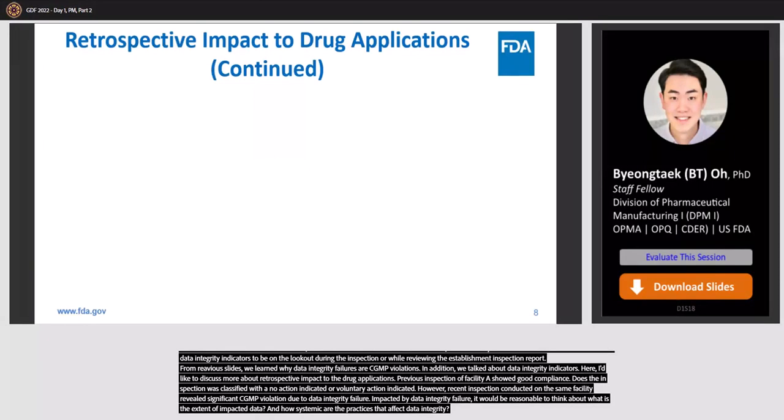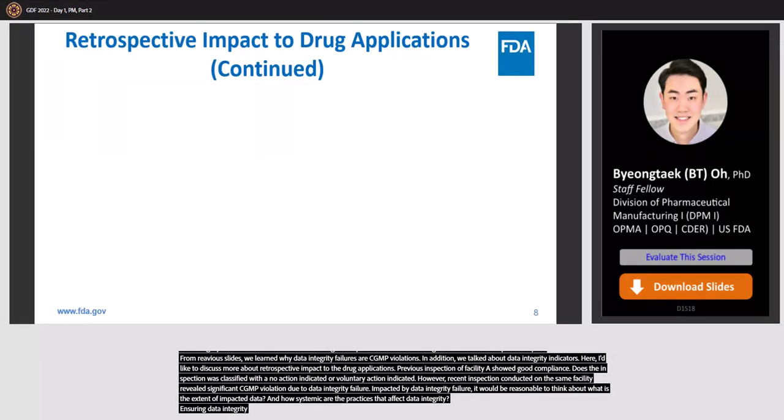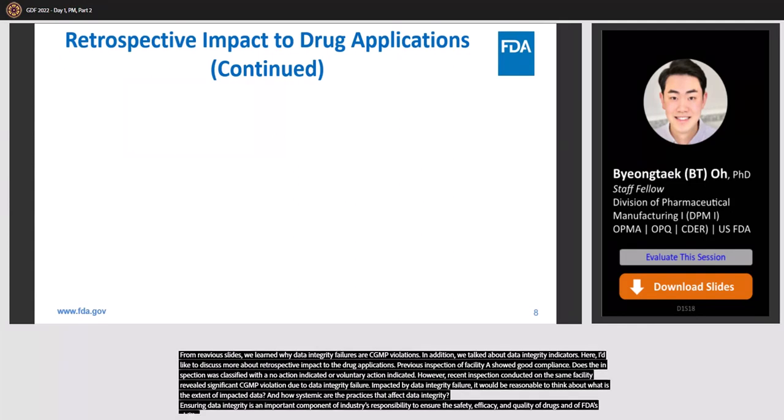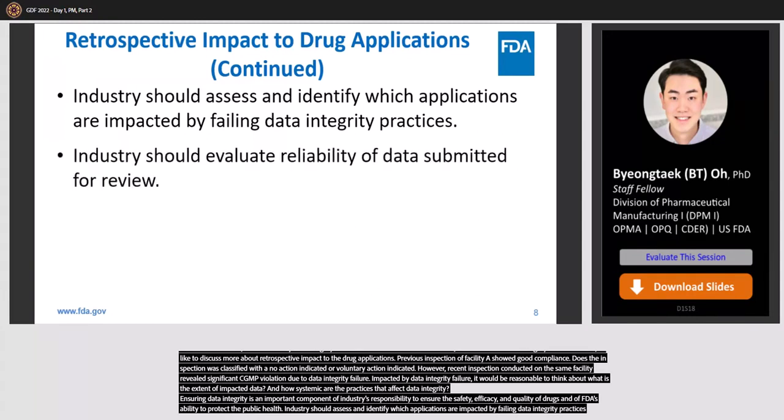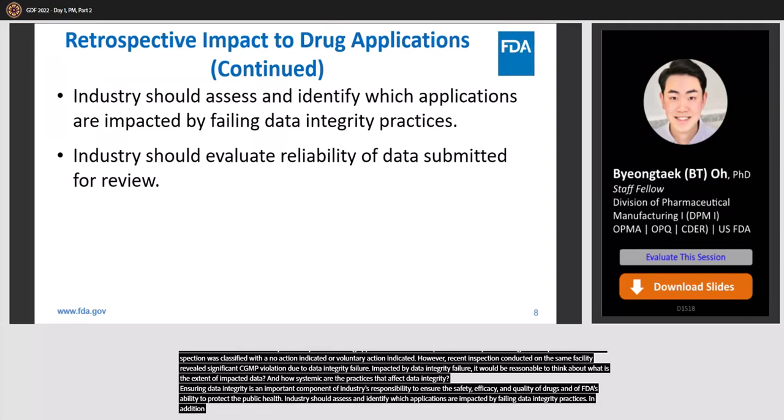Ensuring data integrity is an important component of industry's responsibility to ensure the safety, efficacy, and quality of drugs and of FDA's ability to protect the public health. Industry should assess and identify which applications are impacted by failing data integrity practices. In addition, industry should evaluate reliability of data submitted for review.